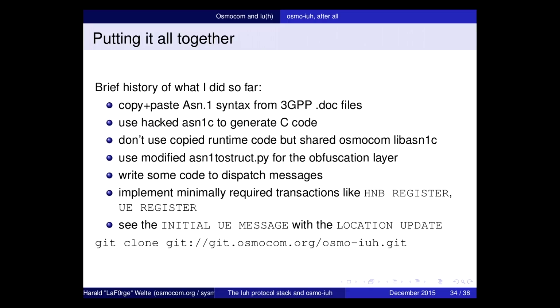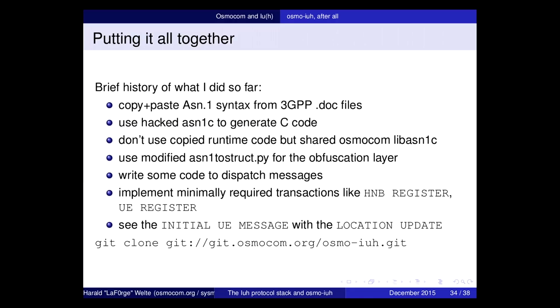You have to modify it to make a shared library of the runtime for the ASN1 compiler, because we have, again, 3 syntaxes that we want to mix, and that doesn't really work with how ASN1C works. We use ASN1 struct to remove what I call the obfuscation layer, these containers. We write some code to dispatch the messages, and then finally we see some messages.